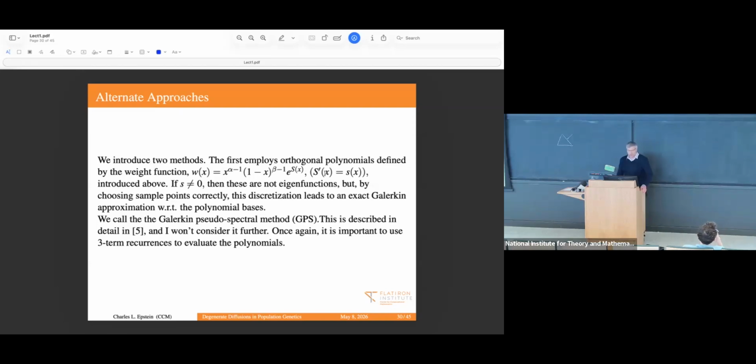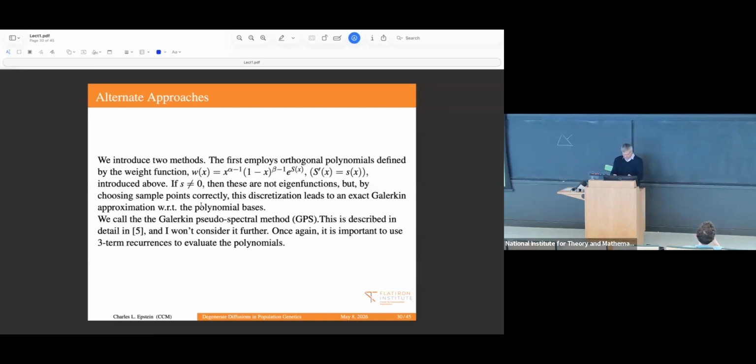But if you choose the points carefully, you get a discretization that actually leads to an exact Galerkin approximation. That is, you have a basis of functions, and what you do is you write your equation in some weak form in terms of that basis of functions, and you restrict yourself to a finite dimensional subspace. And then the exact Galerkin approximation is the best solution you can find in that finite dimensional subspace.